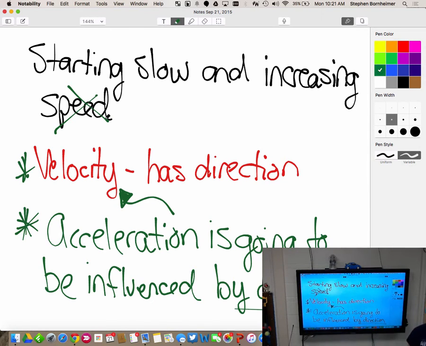What is it that is important for acceleration that didn't necessarily appear in our brainstorming session? Direction. Okay? Somebody else. What is important that's going to play a role in understanding acceleration? Anybody? I'm literally asking you the same question over again. Ellie! Direction! Yeah, direction.